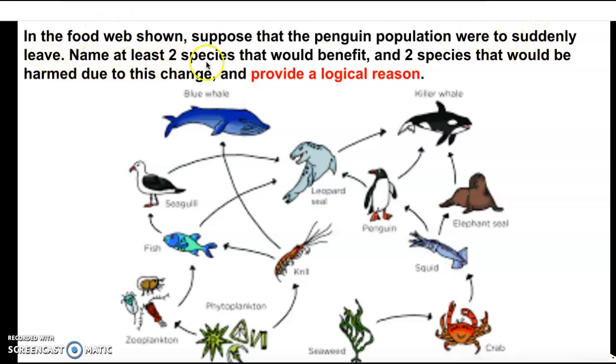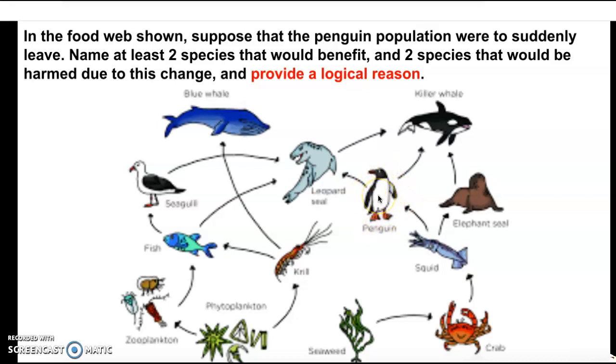Name at least 2 species that would benefit and 2 species that would be harmed due to this change, and provide a logical reason. I put the last part in red because that's really important. That's how I'm going to mark you if you're right or wrong, is if you provide a logical reason to your answer. So here's the penguin.